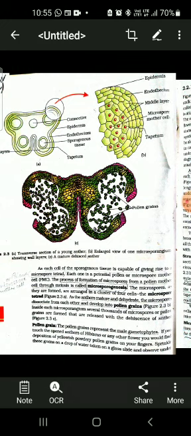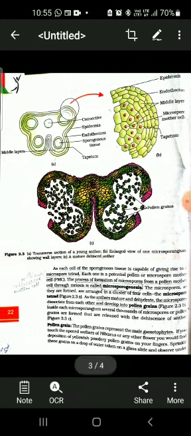These microspore mother cells undergo a meiotic division, and by the process of meiosis, the haploid microspore tetrad, four daughter cells, is formed from the division of the mother cell.